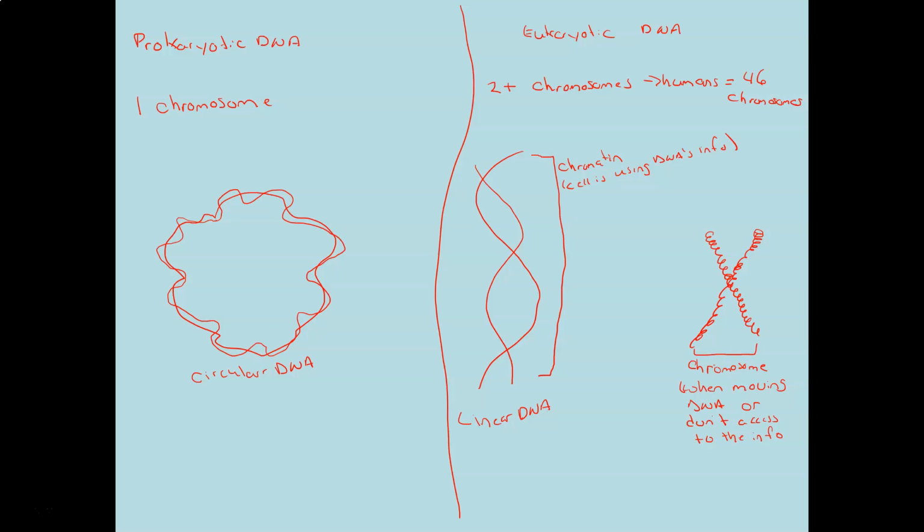So how do we do this, right? Well, think of eukaryotic DNA like a big slinky. When I have that slinky all stretched out, that's what I'm talking about here with this chromatin. I'm stretching it out, I'm playing with it, I'm using it.